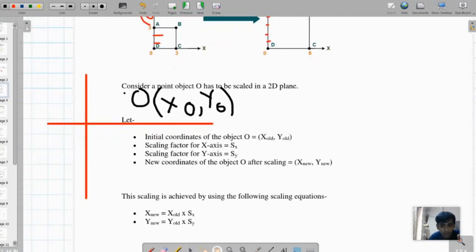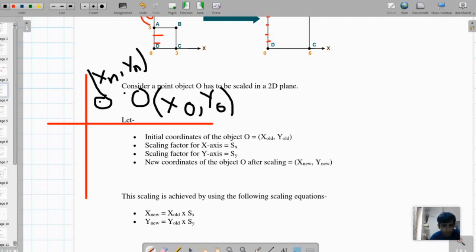Now, if you generalize, the scaling factor for x-axis is Sx and scaling factor for y-axis is Sy. New coordinate of the object O after scaling is x new, y new. So once you have scaled it, then obviously we'll get a new coordinate, and say this new coordinate is x new and y new.